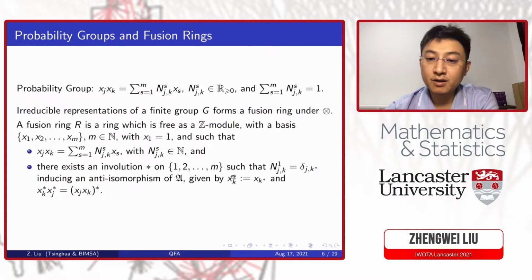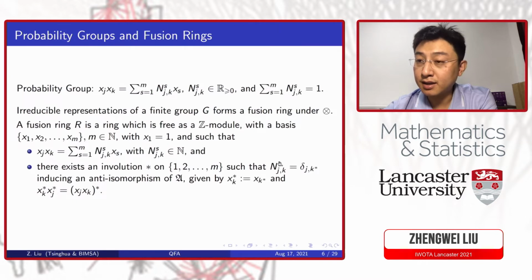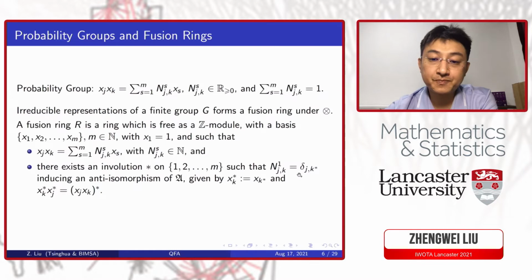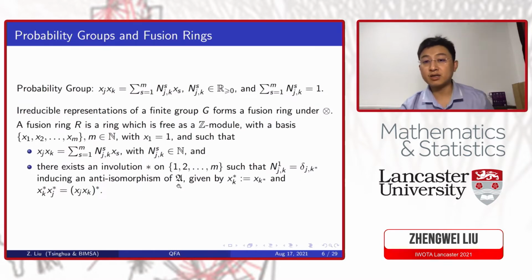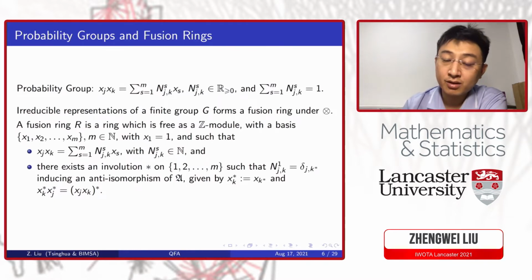And also for each element, it has an inverse corresponding to the inverse of group element, denoted by a star. And the product xj multiplied by xk contains the trivial element if and only if k is the inverse of j in this sense. And this is the abstract definition of the fusion ring. So in general, the fusion ring doesn't have to come from a group.